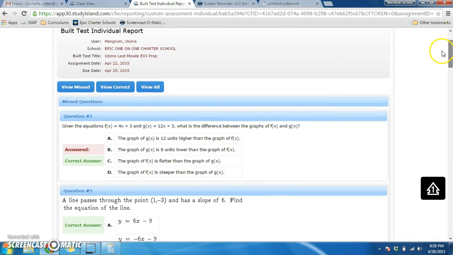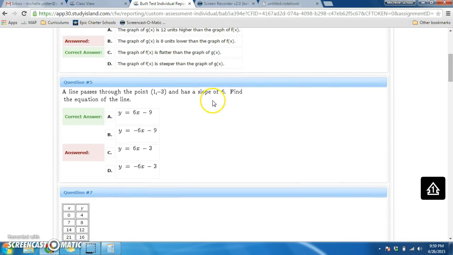Just a couple little things. On these ones, remember, if they have a different slope, then we're talking flatter or steeper. If they have the same slope, then we are looking at whether they're higher or lower. And don't let them confuse you. Make sure you pay attention whether they're talking about g of x or f of x.